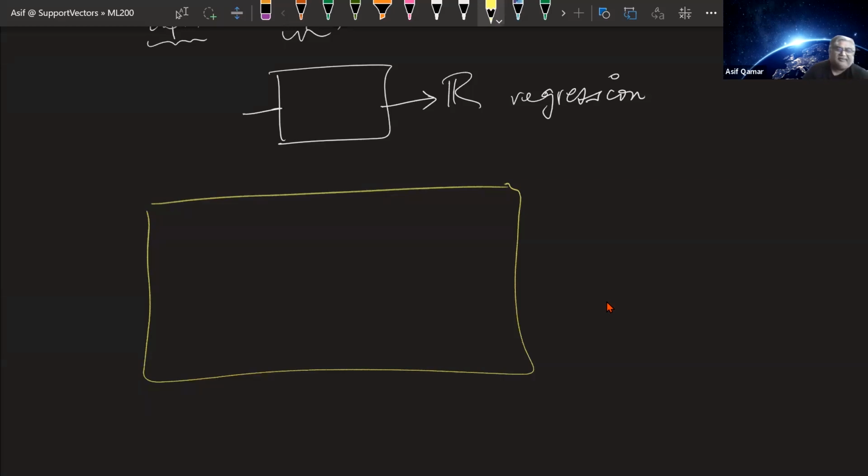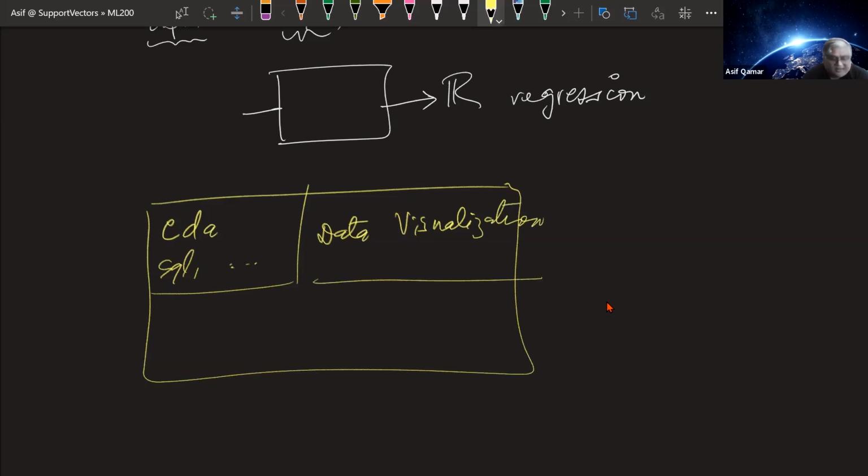Data science today, we recognize to be a slightly broad field, which includes everything. So for example, exploratory data analysis, using SQL, et cetera. We traditionally call it part of the data science toolkit. Data visualization is another part that you typically put in data science.